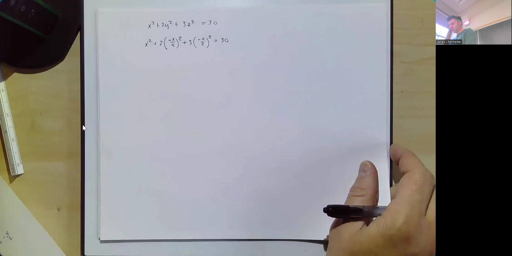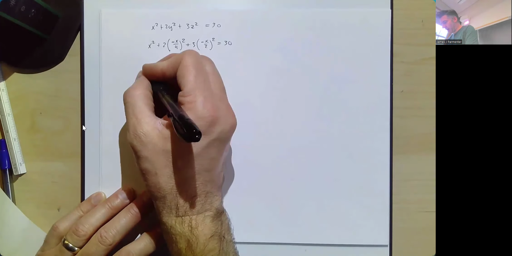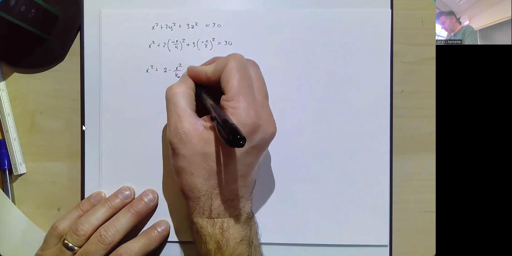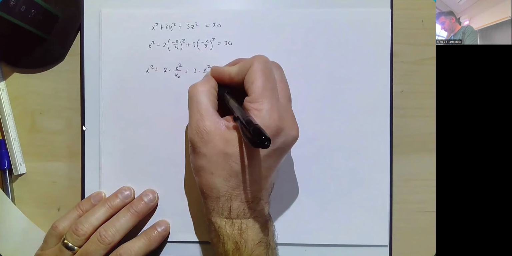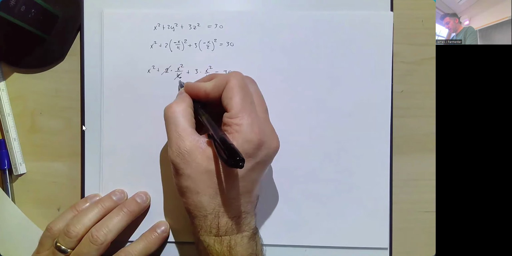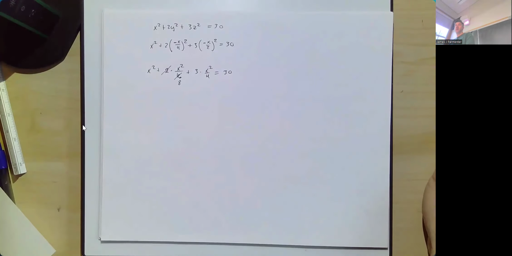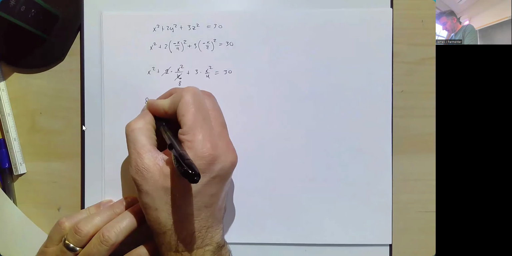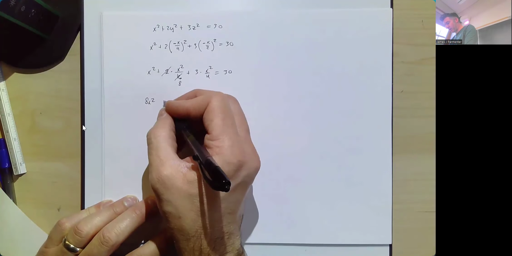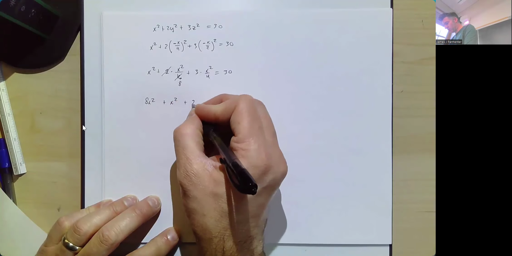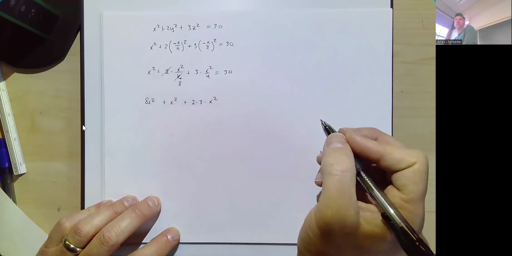So solving for x, I've got x squared plus 2 times x squared over 16 plus 3 times x squared over 4 equal to 30. 2 over 16 reduces to 1 over 8. And then instead of dealing with common denominators, let's just multiply everything by 8. So that's going to become 8 times x squared. 8 times x squared over 8 is x squared. 8 times 3 times x squared over 4 is going to be 2 times 3 times x squared, because 8 over 4 is 2.